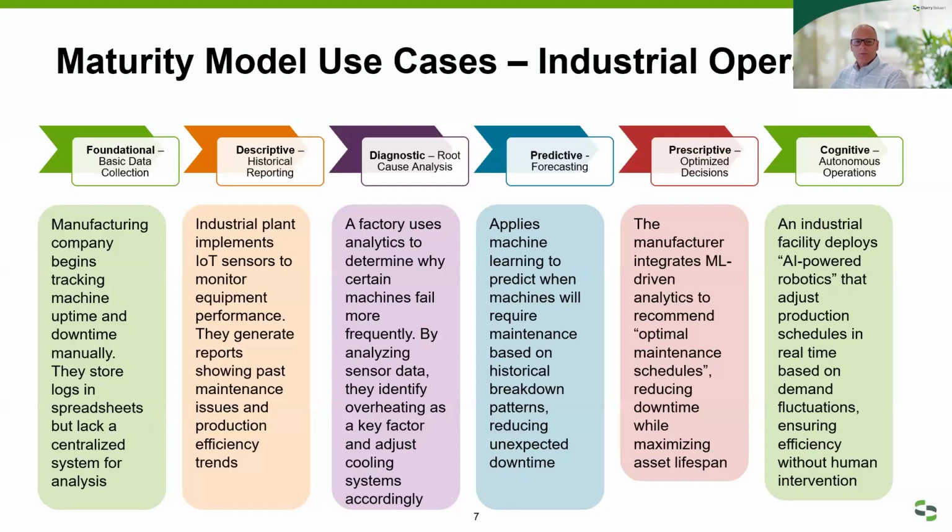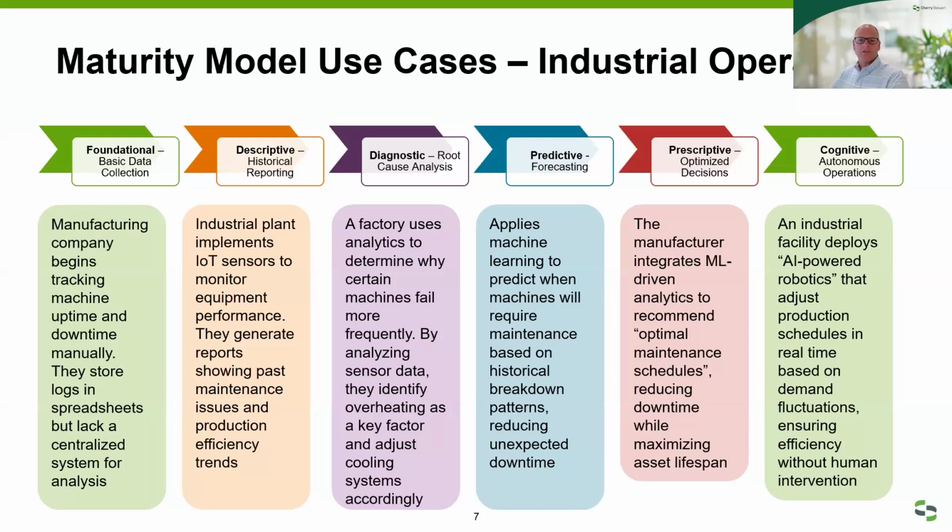And then prescriptive would be the manufacturer integrates machine learning analytics to recommend optimal maintenance schedules, reducing downtimes and maximizing machine lifespan. And then cognitive would be fully automated AI-powered robots that adjust production schedules in real time based on demand fluctuations. This was the operations side of the business.